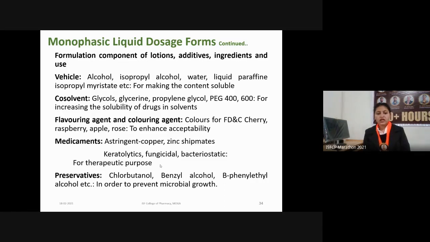These are the medicaments that we can use in the lotions. Next is preservatives. Chlorobutanol, benzyl alcohol, beta-phenyl ethyl alcohol, etc. are the additives that we can use in order to prevent microbial growth in the lotions.